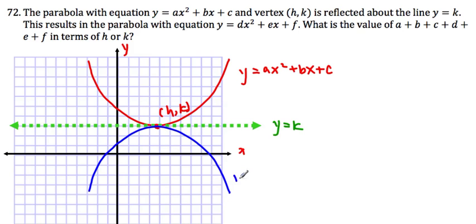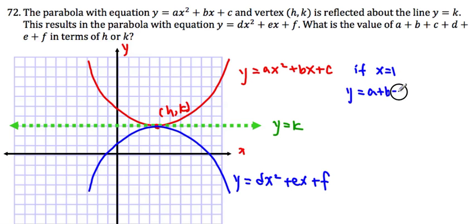So here we get y equals dx squared plus ex plus f. What is the value of a, b, c, d, e, f in terms of k or h, or both, I guess? Now, the fact that I have coefficients alone is only possible if x equals 1, then we're going to have the y value equal to a plus b plus c.